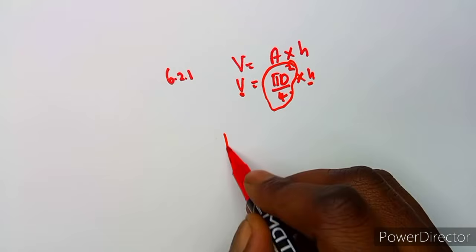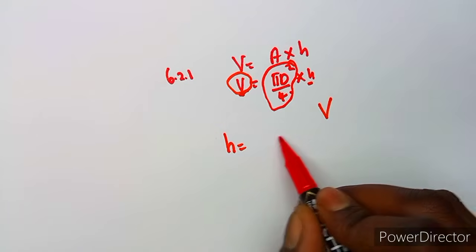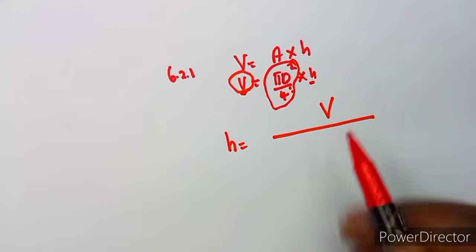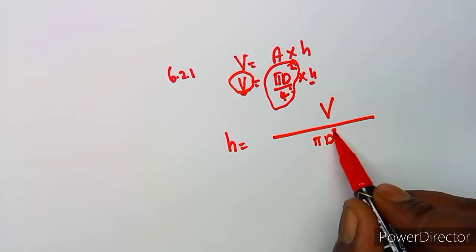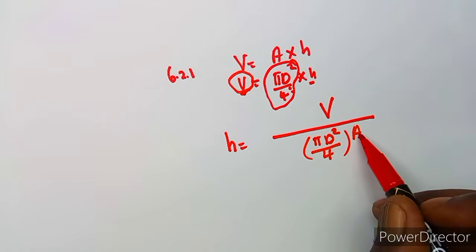So h can be given by the volume over the area, which is pi d squared over 4. This is your area, so it's like volume over area, just like that.